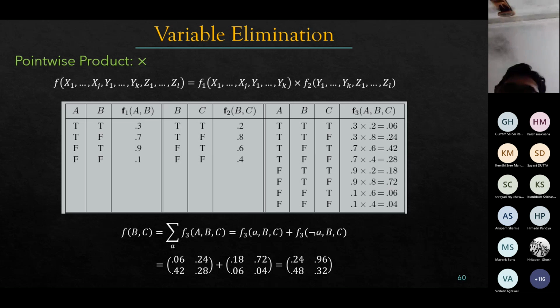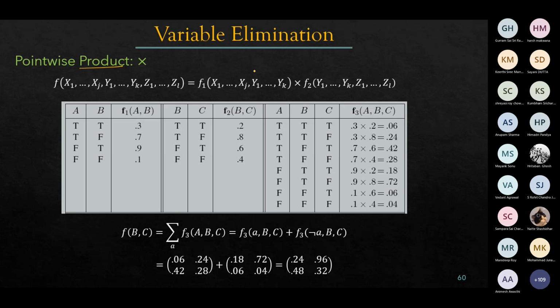But before that, let us talk about the pointwise product operation. We have two factors. Let's say one factor has variables x1 to xj and y1 to yk. These are the variables associated with f1. And with f2, we have the variables y1 to yk, z1 to zl.